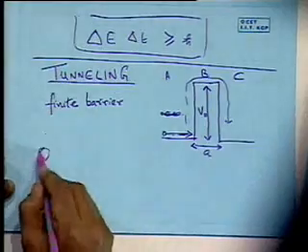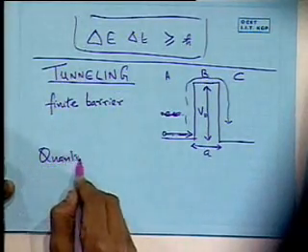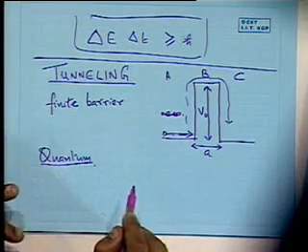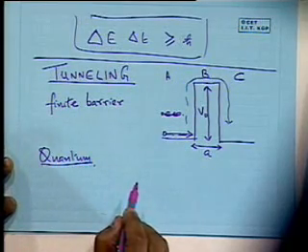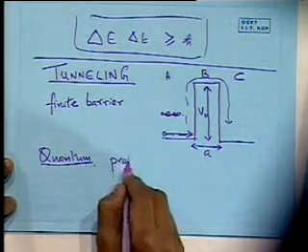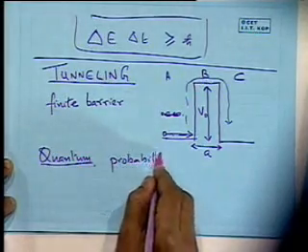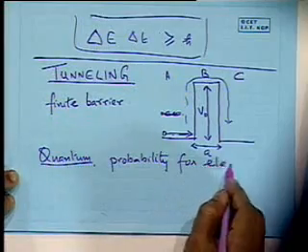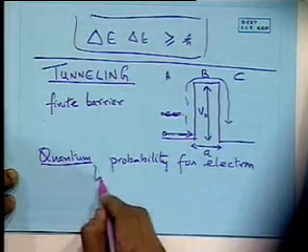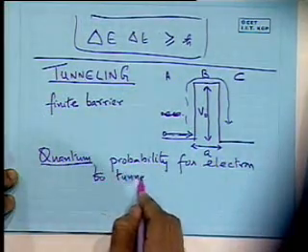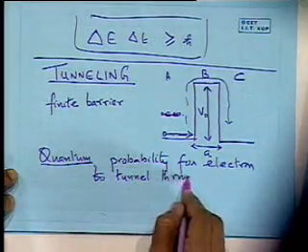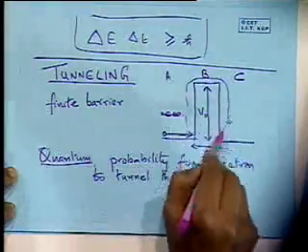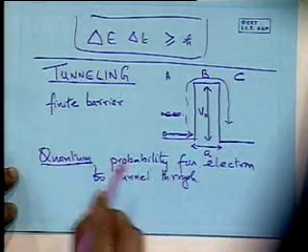But in quantum mechanics, we see that there is a finite probability for the electron, what we will use the term, to tunnel through. So instead of going over it, all right, it has to go through it.